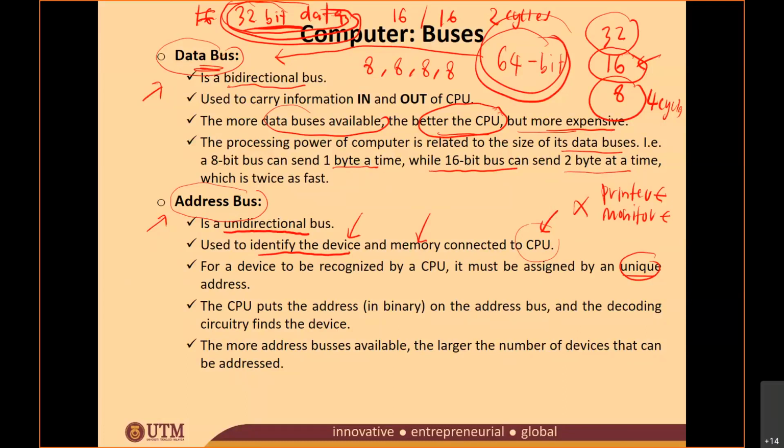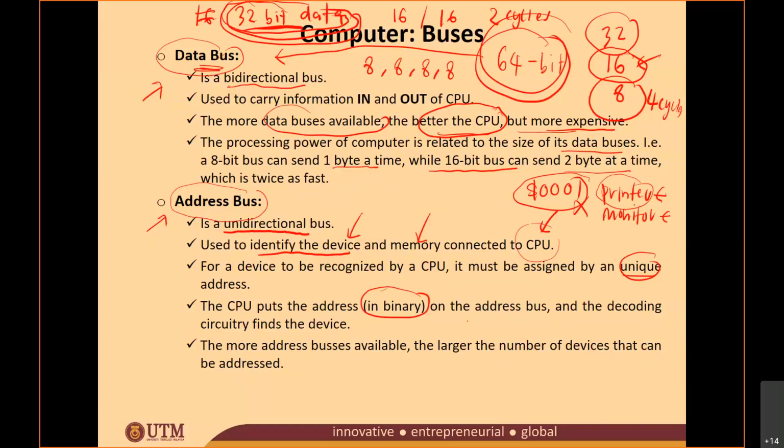The CPU will put the address, which is of course in binary, on the address bus, and the decoding circuit finds the device. Let's say the address of the printer is 0001. Now the CPU is going to use the printer, so it will put this address on the address bus.